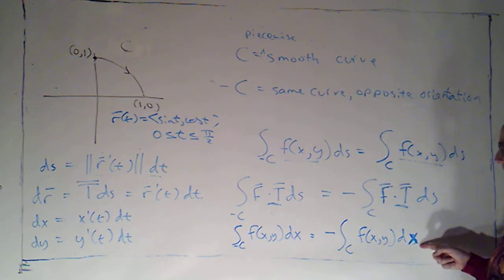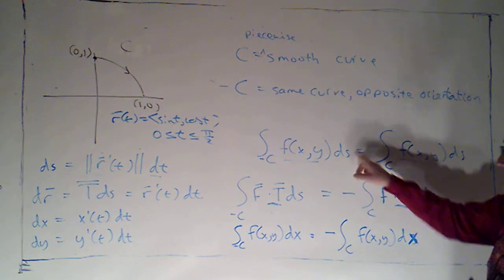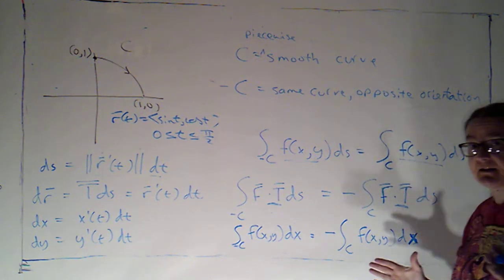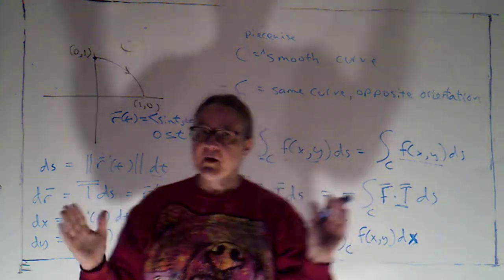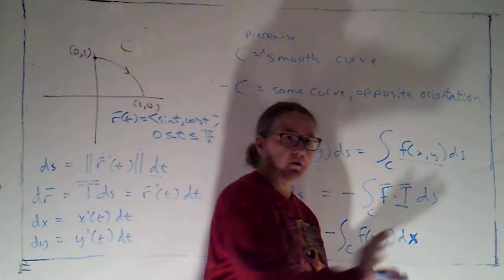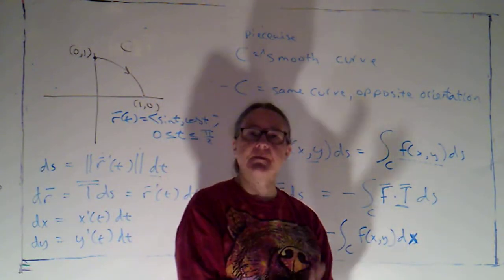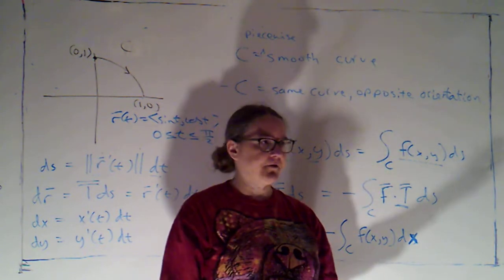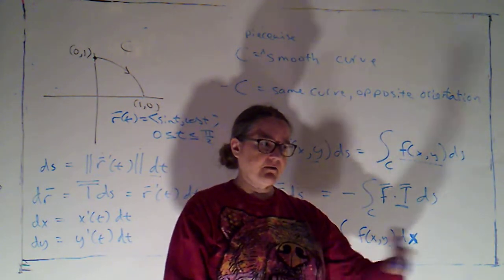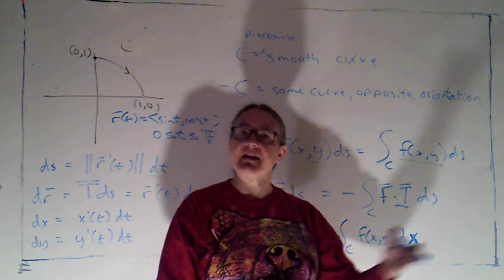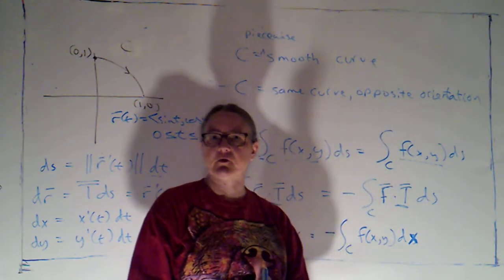Okay. So ds is defined so that it's always positive. But with x, we define that moving to the right, or if we're in free space, moving forward is the positive direction. So if I reverse the orientation, and I was going right, and now I'm going left, now I'm going in the negative direction.